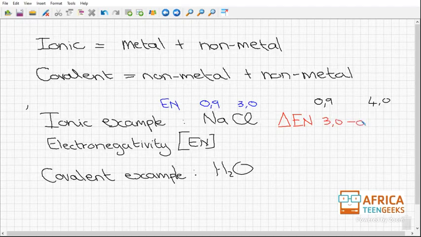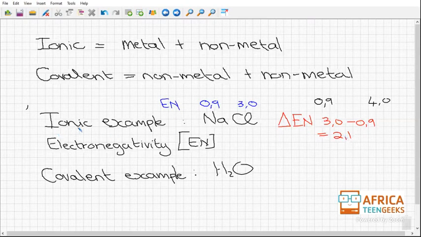We are not interested in the sign. We are simply interested in how different they are. And now I get 2.1. Okay. And with 2.1, I can do a lot. 2.1 tells me that one of these two atoms is going to seriously attract the bonding electrons towards it.